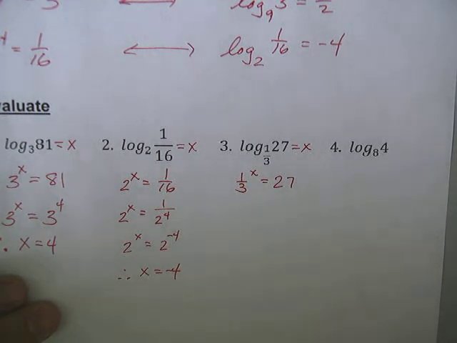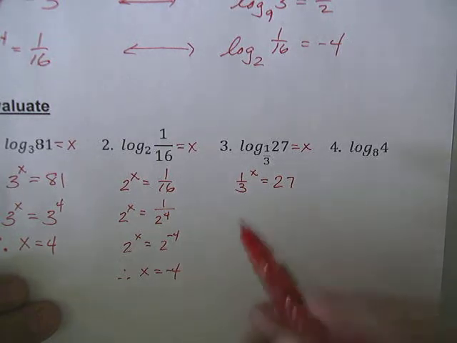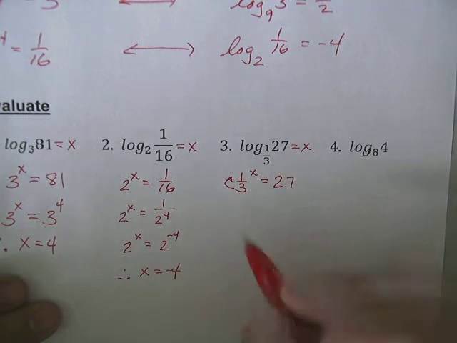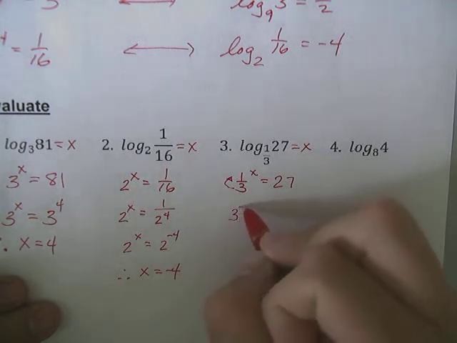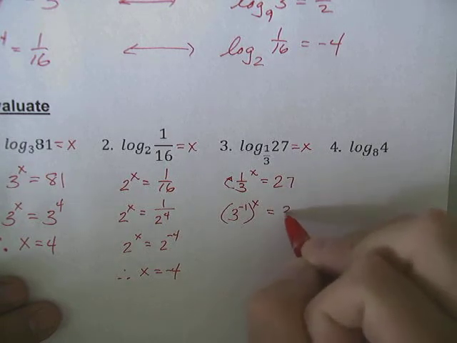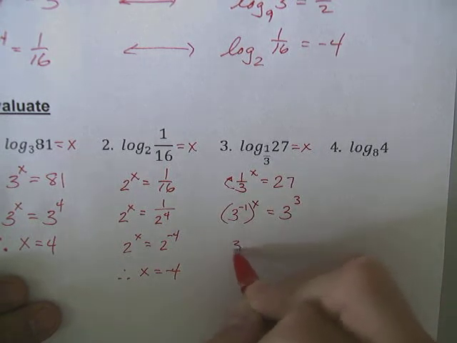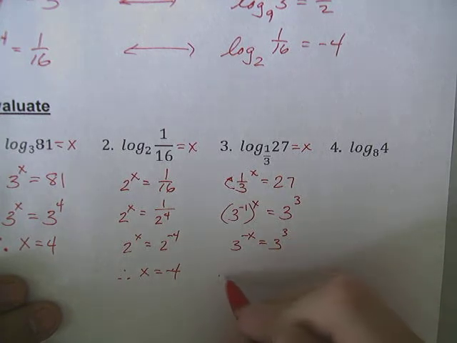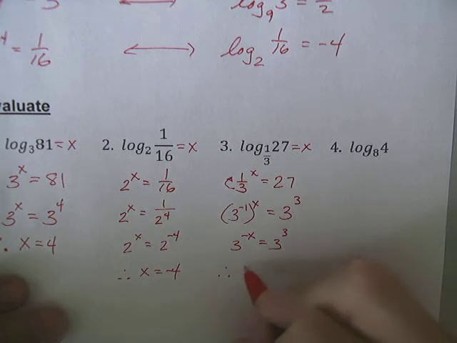1/3 to the x equals 27. This one's a little trickier. Now, you could do a couple things here, but what I would probably do is move this 3 up, and if I do that, that becomes 3 to the -1 to the x equals, and over here this is 3 to the 3rd.